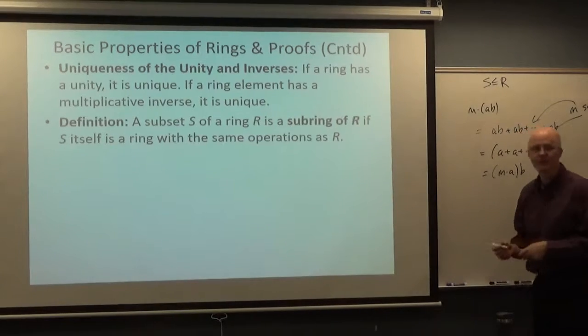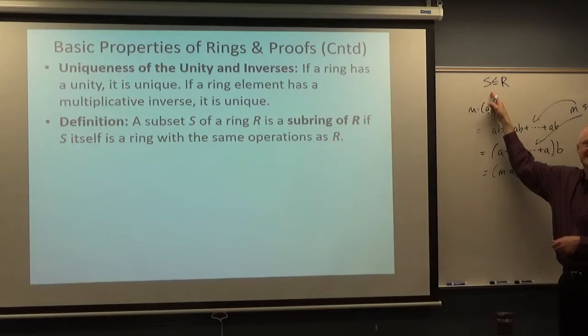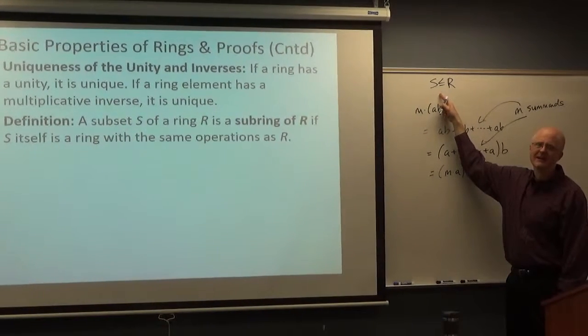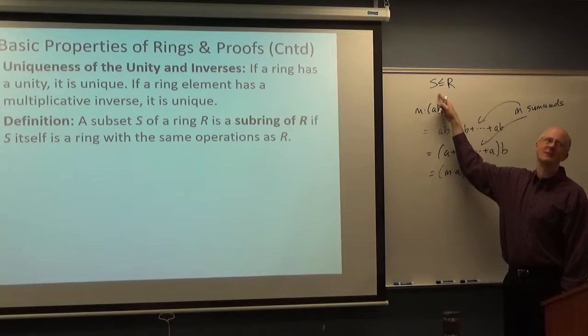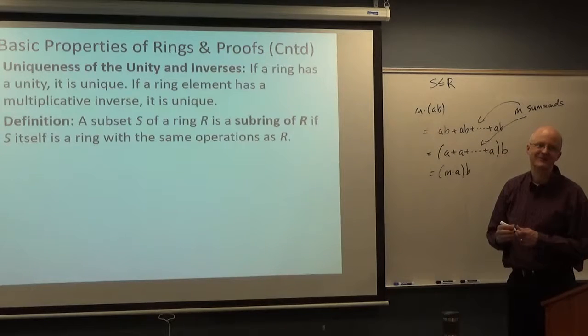And some people do for a subring. But our author doesn't do this, and other books I've had don't do this. Maybe some ring theorists do it, just for short. But it doesn't seem to be standard to use this kind of notation for a subring. I guess I won't mark it wrong if you do, though. I probably won't, just because it's not a standard thing to do. You just say it's a subring.